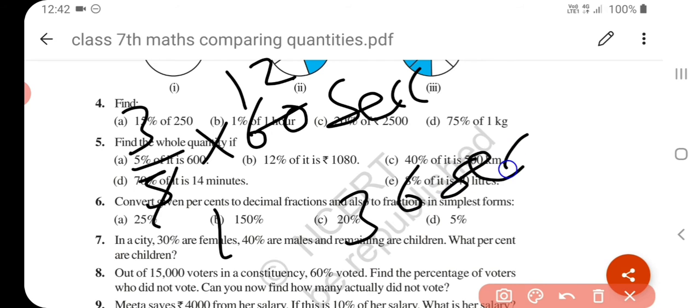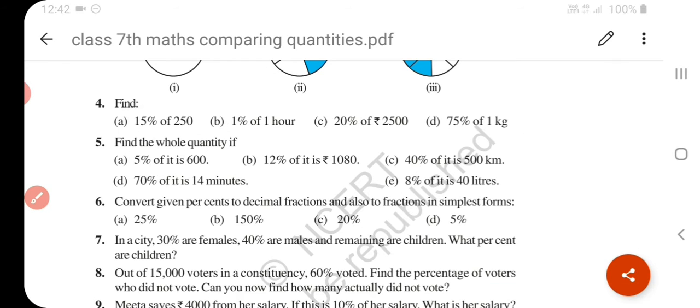So your answer is 36 seconds. 1% of 1 hour is equal to 36 seconds, or you can write 3/5 minutes. So this way you complete question number 4.